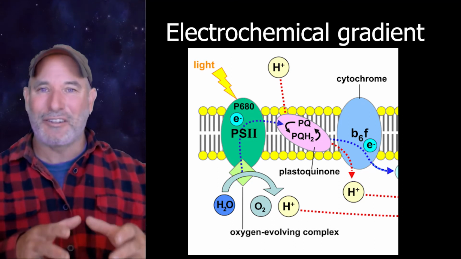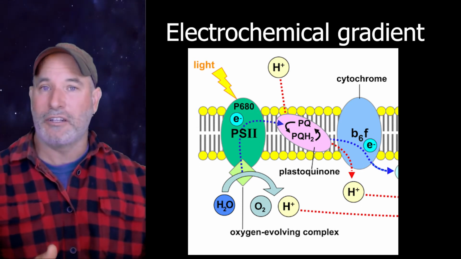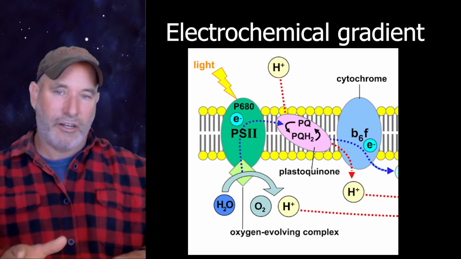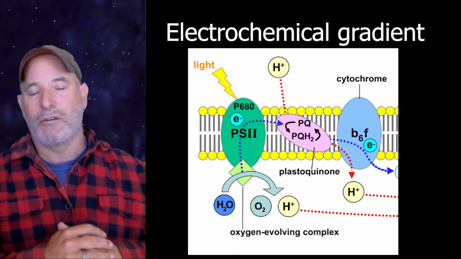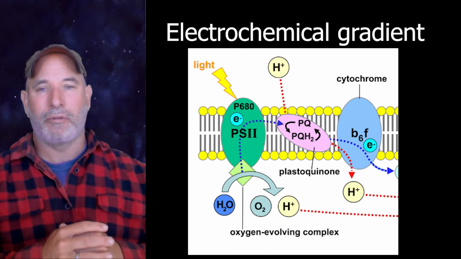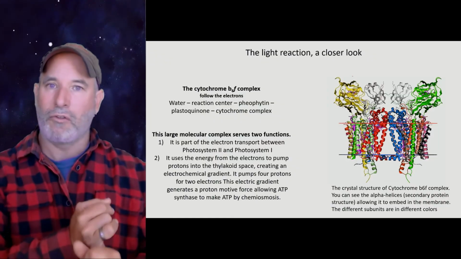You can say this with me. It's creating an electrochemical gradient. This is storing potential energy. So as photosystem II is ripping the electrons and protons off, those protons are then getting pumped into the thylakoid space. We're storing potential energy. That's what the cytochrome complex does. So let's think about our flow of electrons. They started with water.